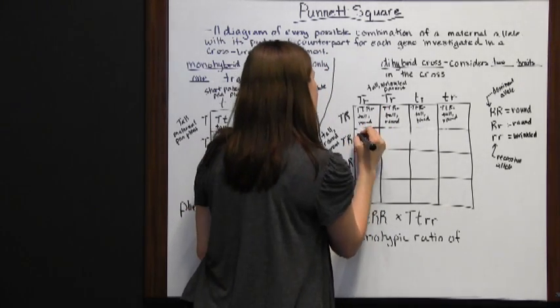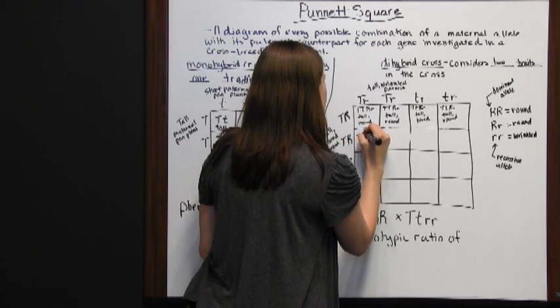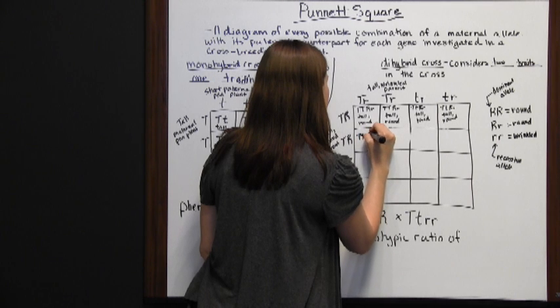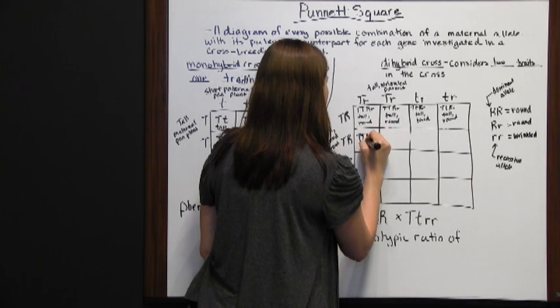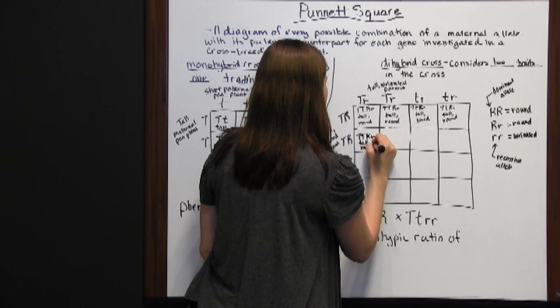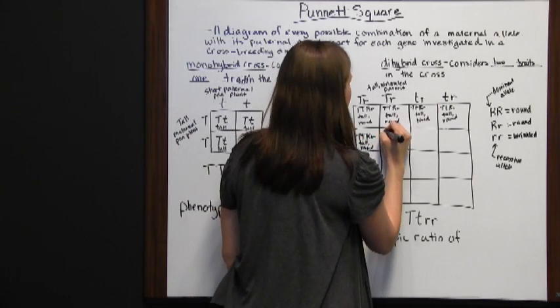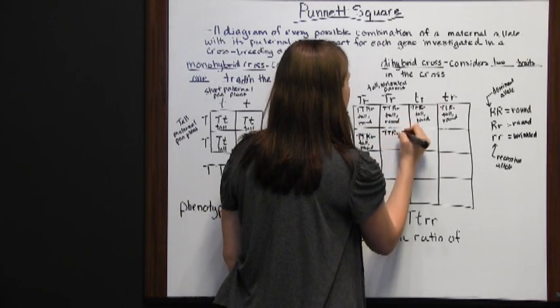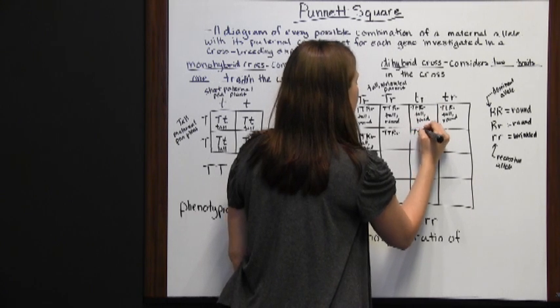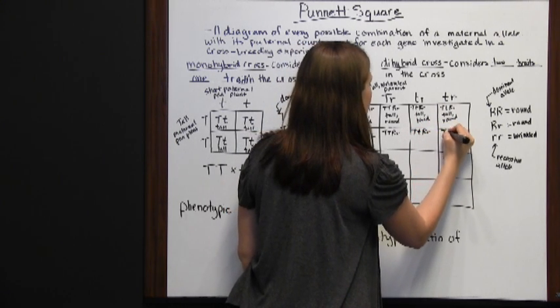Okay, moving on. Big T, big R, little r. Tall, round. And if you notice, these 2 are the exact same. So what you're going to put all the way across is going to be the same as what you had above it.